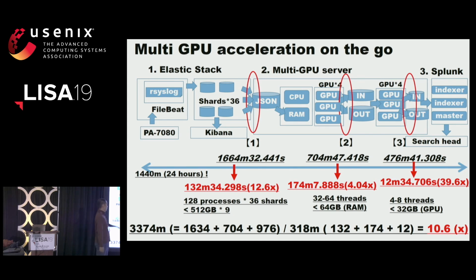At the second phase, we have succeeded to reduce the computing time of discrimination from 704 minutes to 174. As a final phase, we have reduced the histogramming computation time from 476 to 12 minutes. GPU acceleration on the go.